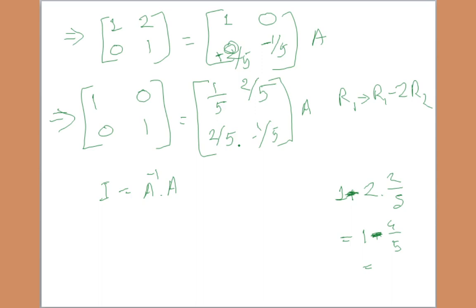You will get another rule to find the inverse of a matrix. This is not mandatory, but if the question says to use elementary row transformation, then we have to apply this method. Otherwise you can apply either of the methods.